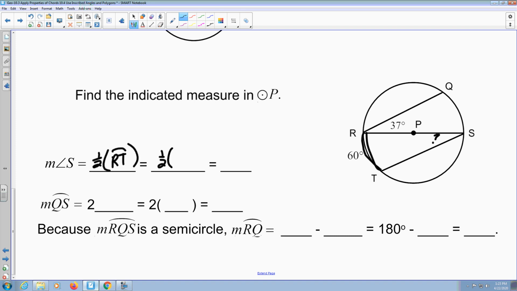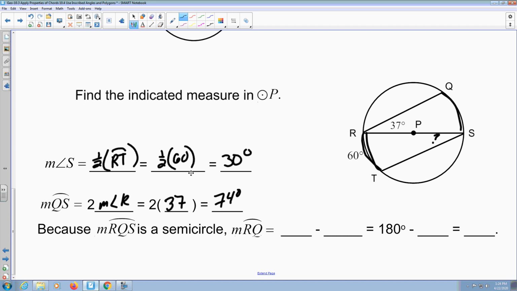So it's 1/2 of 60, which gives us 30 degrees for angle S. Over here, they want you to find the arc measure of QS. We have the inscribed angle QRS, which is 37 degrees. Well, we know that angle R is 37 degrees, so we just multiply it by 2. So 2 times 37 is 74 degrees.